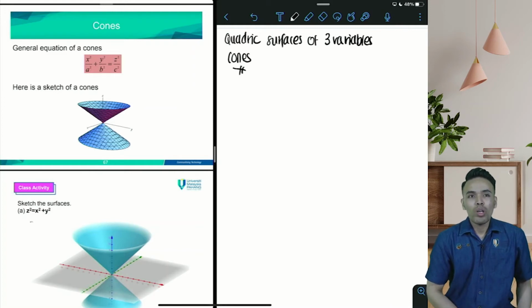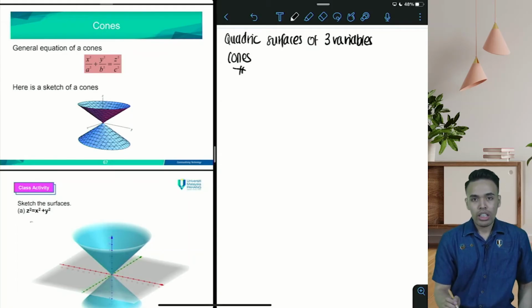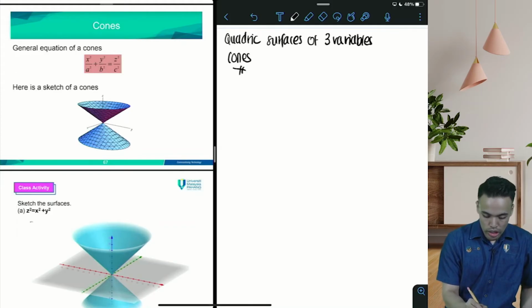Now let's put our attention on how to sketch quadric surfaces of 3 variables, but this time around we will sketch cones. This is the general equation that represents cones in a three-dimensional coordinate system, which is given by x squared over a squared plus y squared over b squared equal to z squared over c squared.